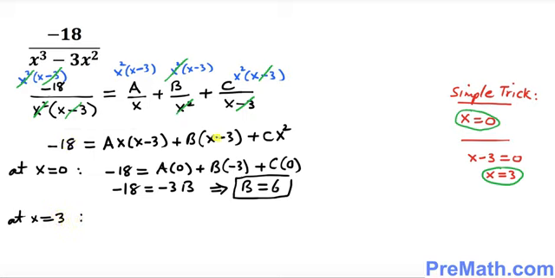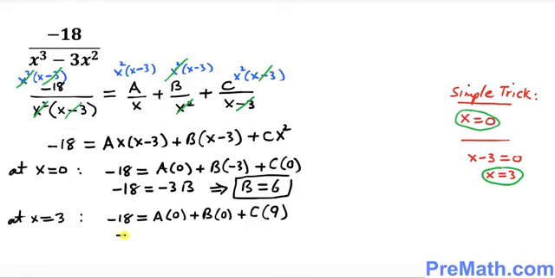So the left hand side of the original equation is negative 18 equals, if you plug in x equal to 3, 3 minus 3 gives us 0, so this is simply a times 0 plus b times 0 plus c times, 3 squared is what, 9, so I just put down 9.